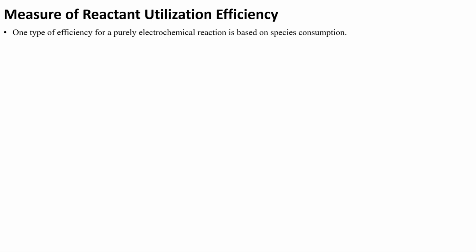We supply species in a pure electrochemical reaction, as we have seen in the fuel cell, where we continuously supply hydrogen and oxygen. So the supply of hydrogen and oxygen is basically the species consumption, and the efficiency of the electrochemical reaction depends on the species consumption.